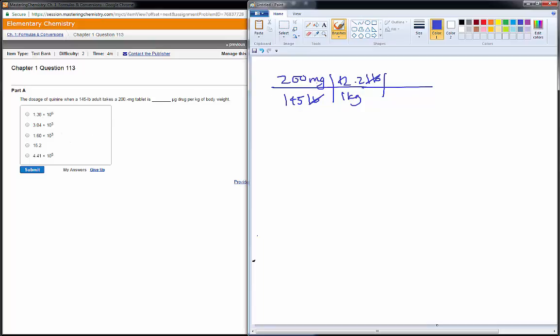Now from milligrams to micrograms, I find it easier just to remember the 1 conversion, 1,000 milligrams in 1 gram. And then 1 microgram is 1 times 10 to the negative 6th grams. So I'll have to do 2 here. You don't have to do here. If you know the conversion between milli and micro, you could put that down. But for me, I just go to grams in both cases because I only have to memorize the 1 conversion factor for each of those.